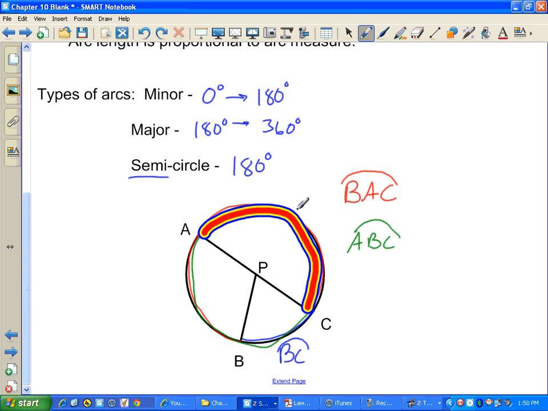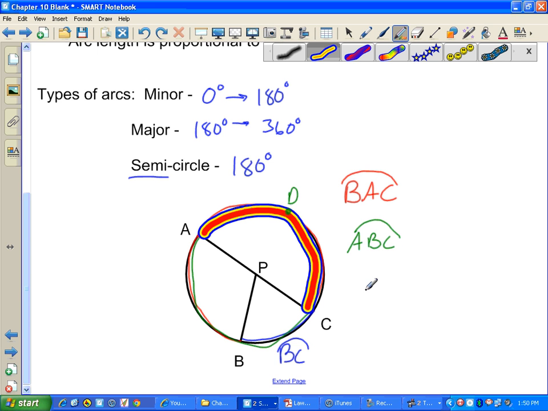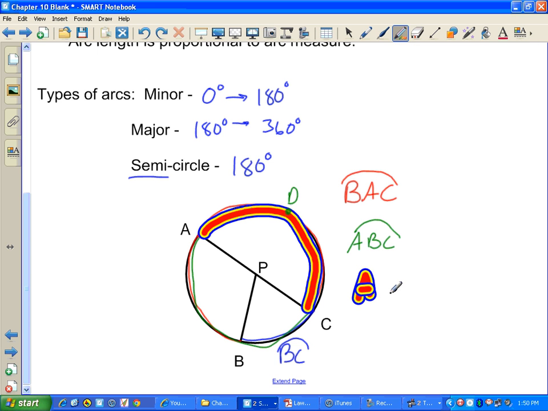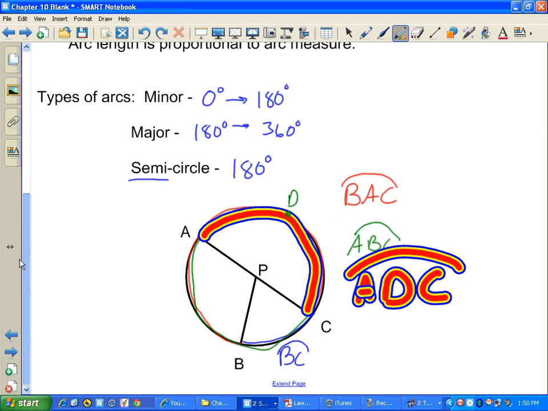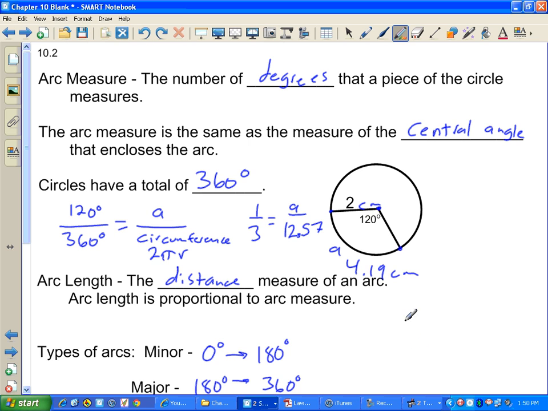The other one, I would need another letter up here, so we'll put a D up there, and then that would be arc A, B, C. Okay? So only minor arcs can get away with 2 letters, all the other ones need 3. All right, and that's pretty much all you need for section 2.